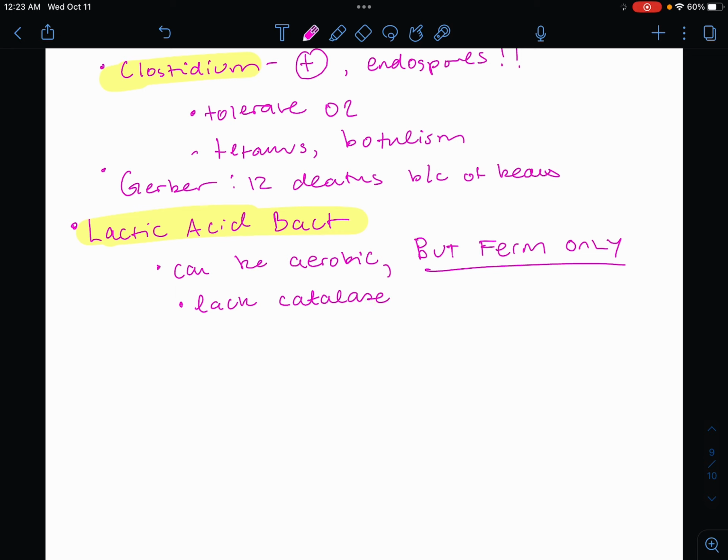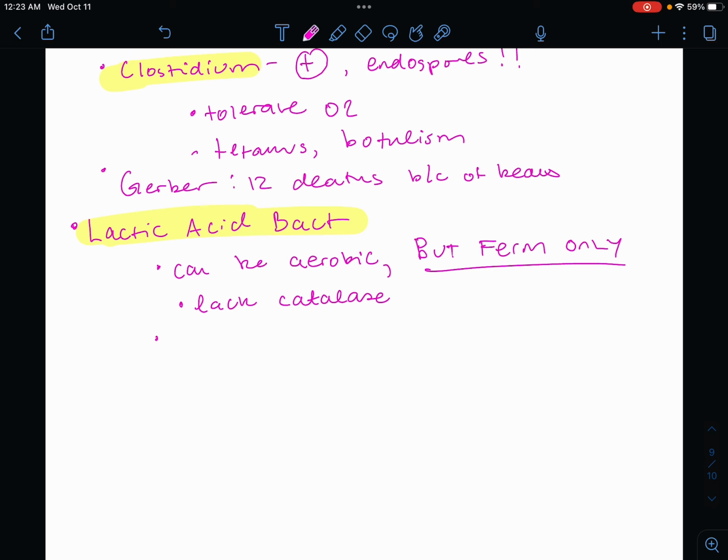That's another enzyme that protects against the strong effects of oxygen species that are made when metabolism occurs. So they don't have that enzyme that breaks down those harmful oxygen-containing molecules into something safer. So that's why they can't probably use anything other than fermentation.